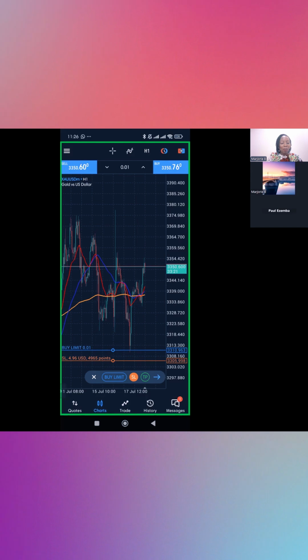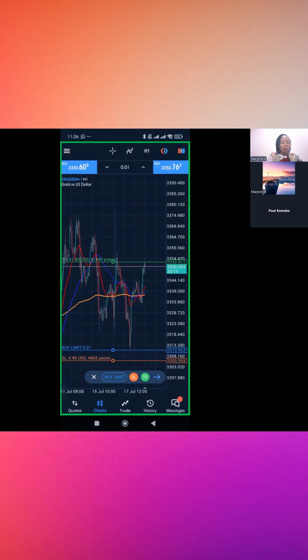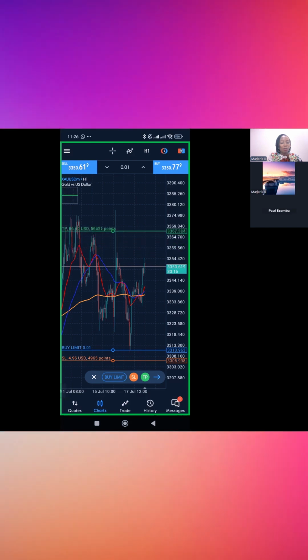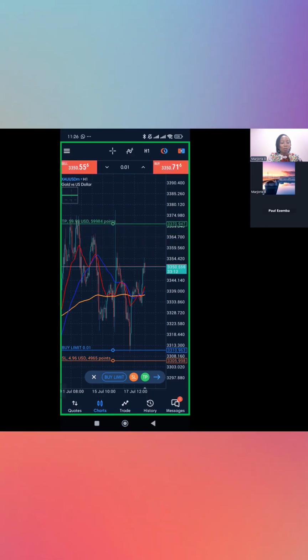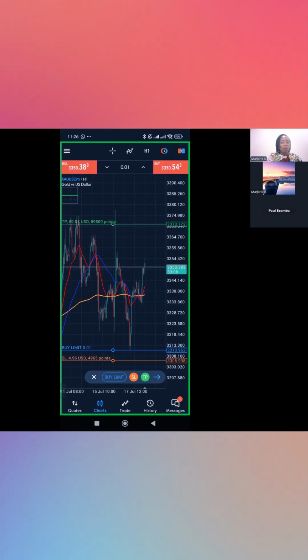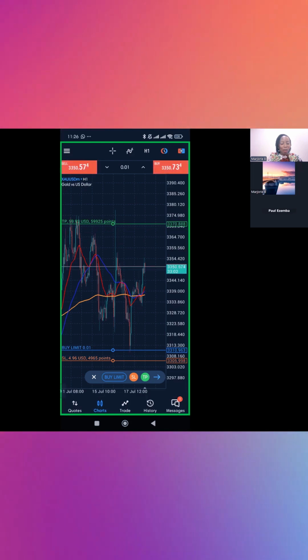If I click TP, it can give me the option of where I want my TP to be. So I can put it there and just say, okay. And then when I'm done, I click the arrow.